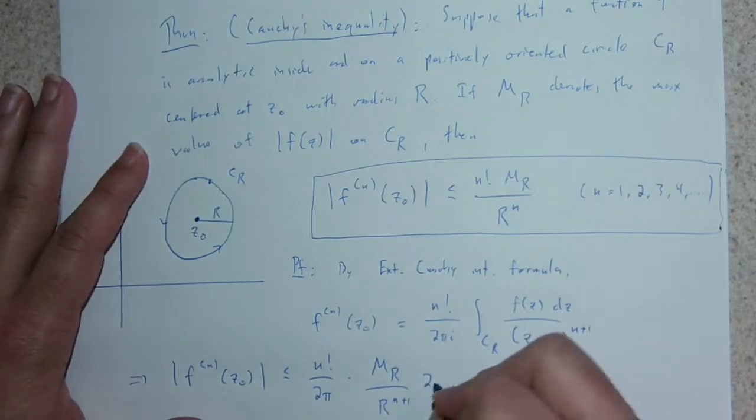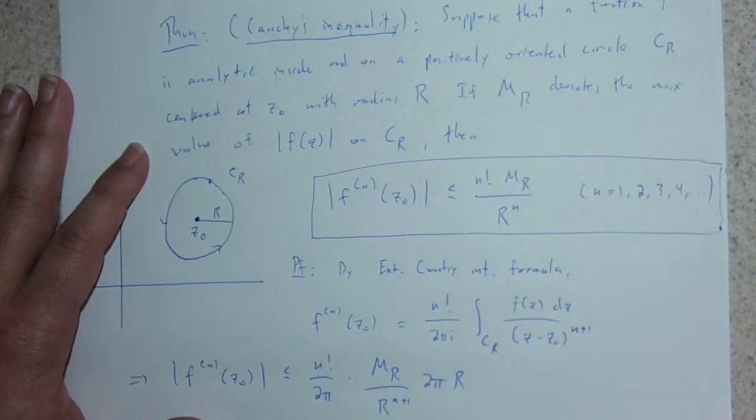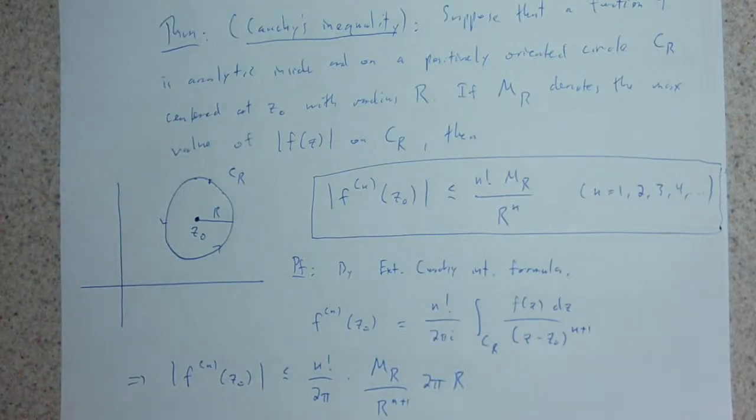This is 2 pi r. 2 pi r is the circumference of this circle. This is what pops out of there.